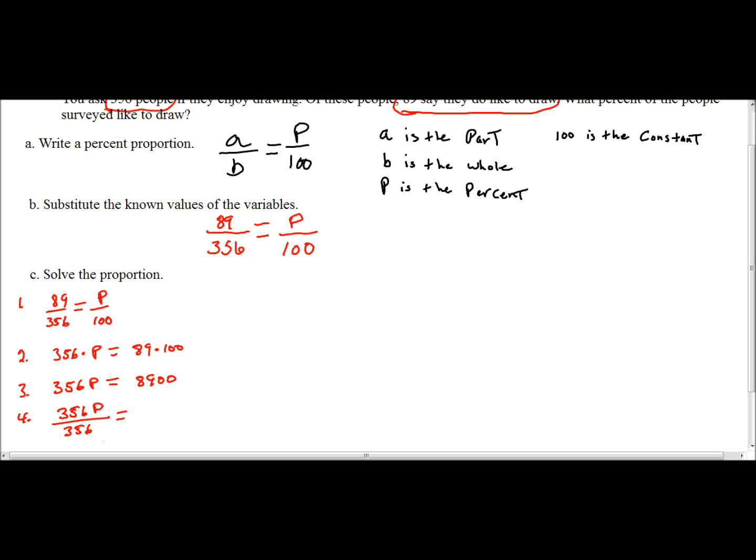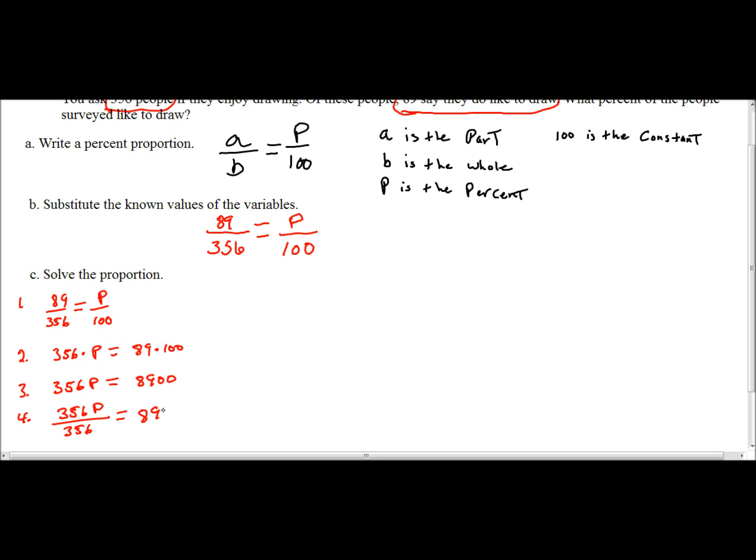Back when we talked about equations, we said we have to keep the equation balanced. So if we're going to undo P, or to get P by itself, we must do what is called the opposite operation. 356 is times P, we covered that there. So we must divide by 356 so we can get P by itself.